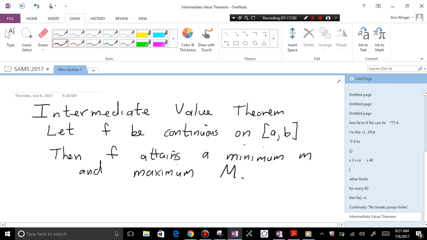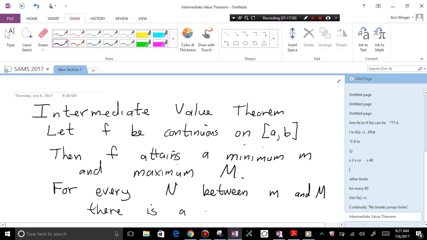F has a maximum and minimum value on this, and so for every n between little m and capital M, there is a C such that f of C is equal to n. Right, so that's the mathematics of saying it.